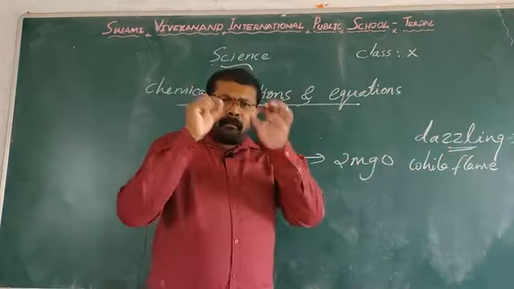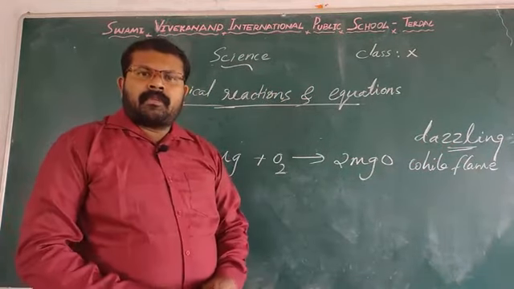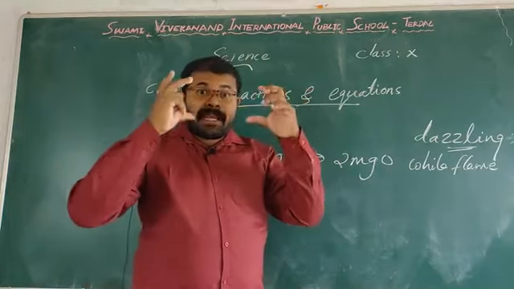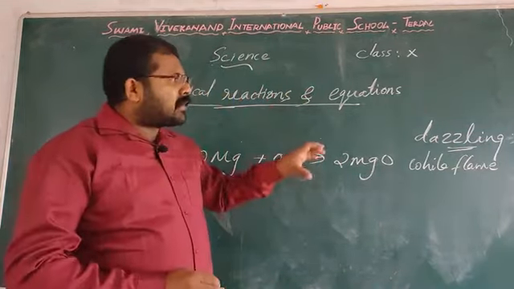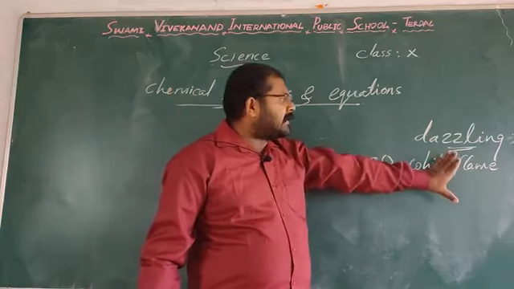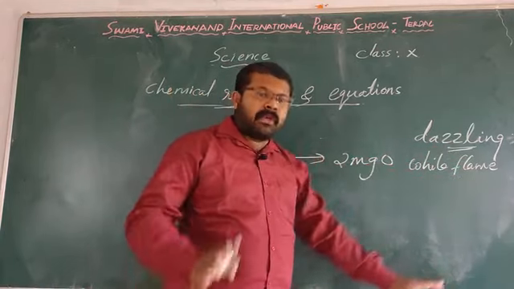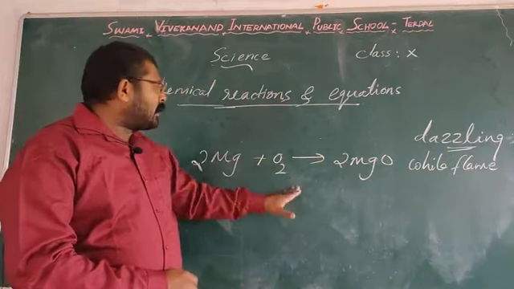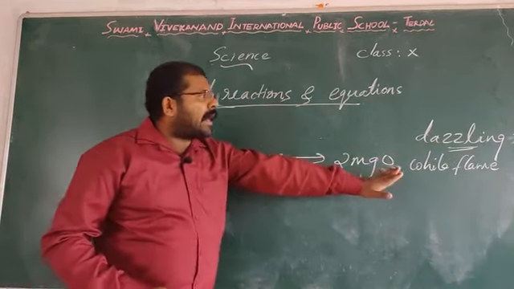It means a bright white flame. For example, if we look at a bright light, our eyelids will close. Similarly, you can observe a sudden dazzling white flame. So during this reaction, while burning magnesium, you can observe a dazzling white flame.